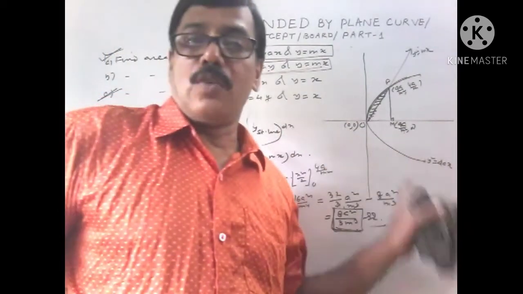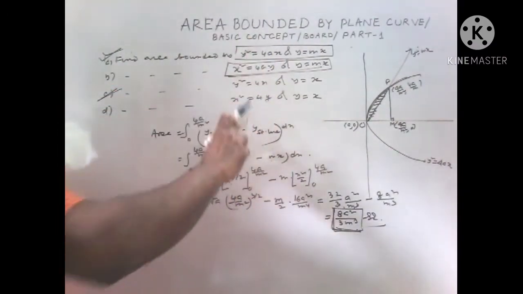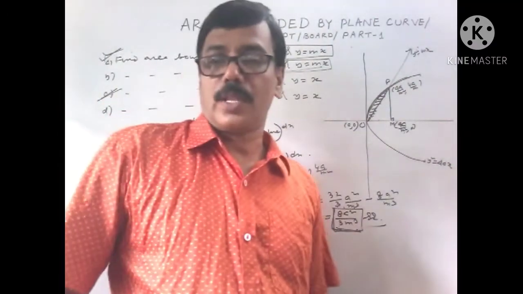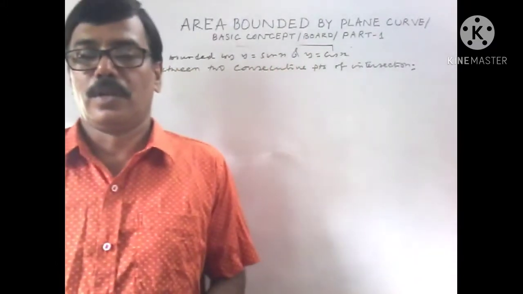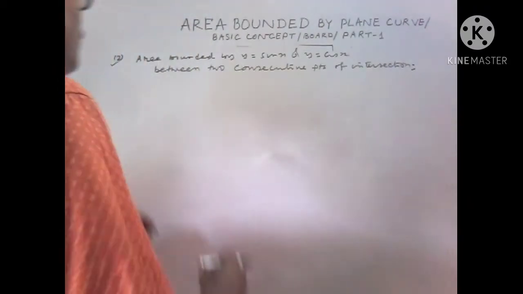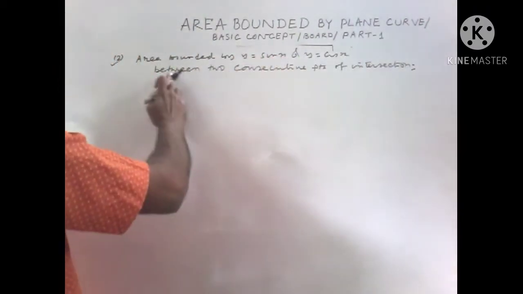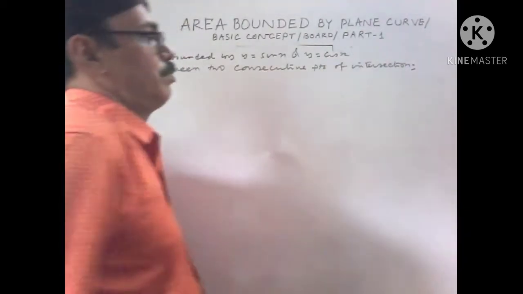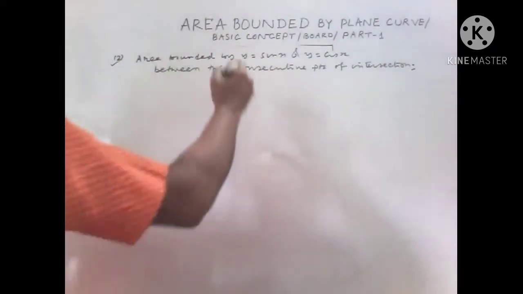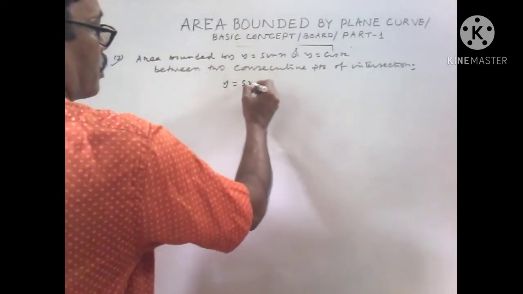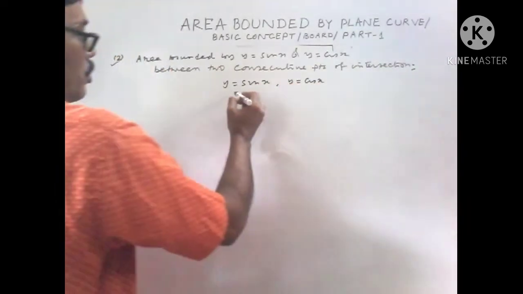So how to find the area bounded by two intersecting curves? Now we find the area bounded by y equals sin x and y equals cos x between two consecutive points of intersection. So same procedure: if they are intersecting, y equals sin x, y equals cos x.